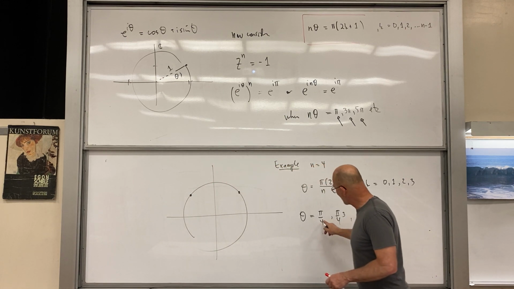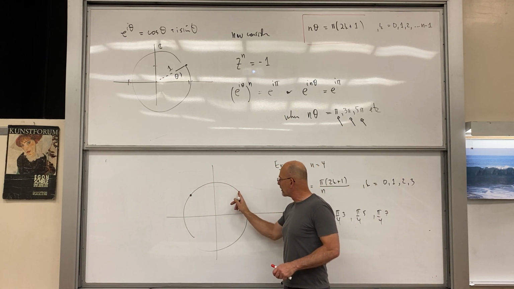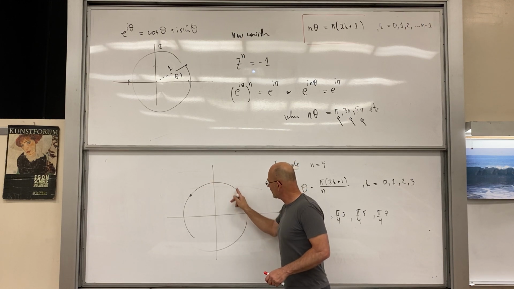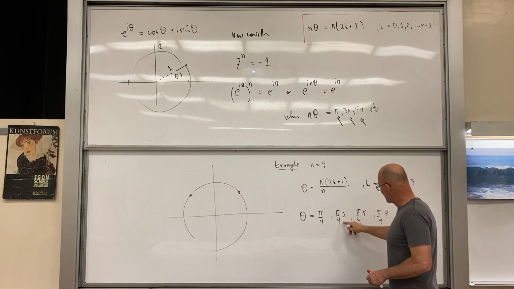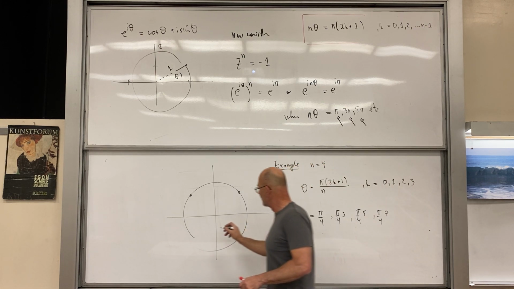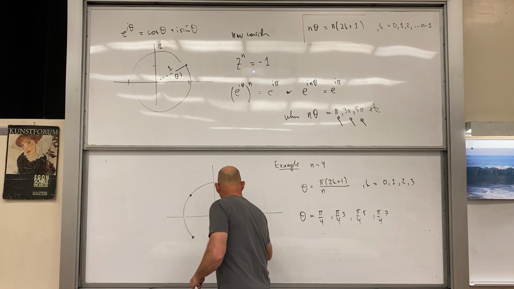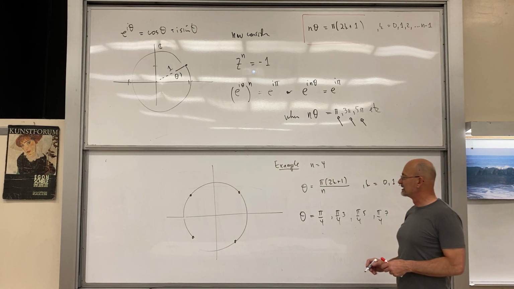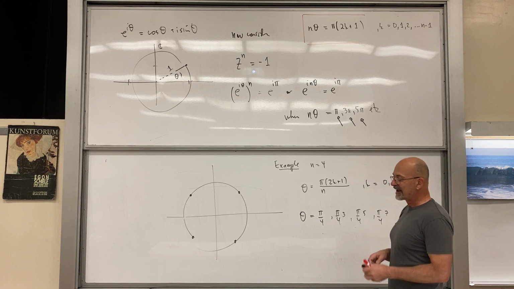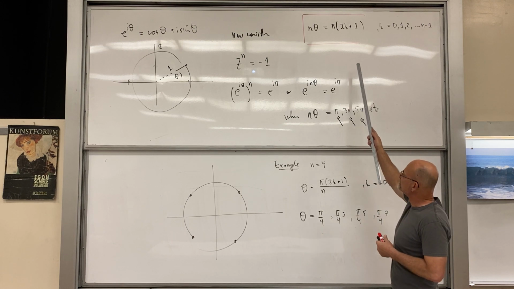For pi over 4, you multiply this angle by 4, 1, 2, 3, 4, and you'll land right there. Same for 3, 5, 7. So those are the fourth roots of minus 1. This is a good one to play around with.